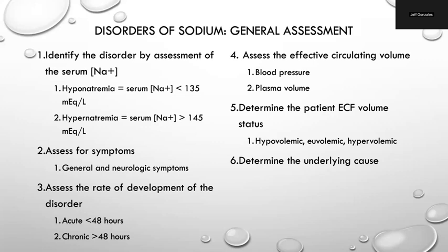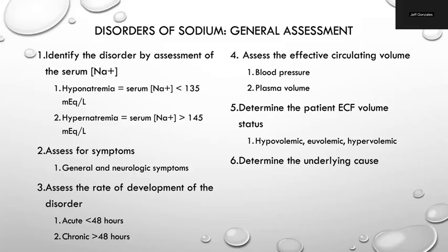So, in summary, you want to identify the disorder with assessment of the serum sodium. So, determine if it's hyponatremic or hypernatremic. Assess for symptoms. Assess for the rate of development of the disorder. If the rate of development is less than 48 hours, it's classified as acute.